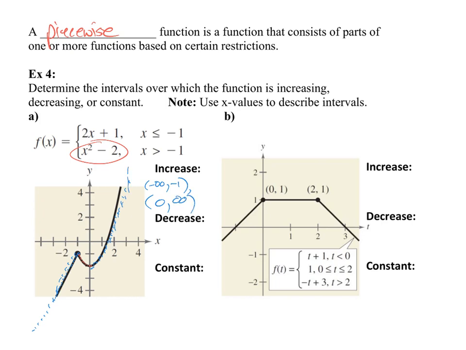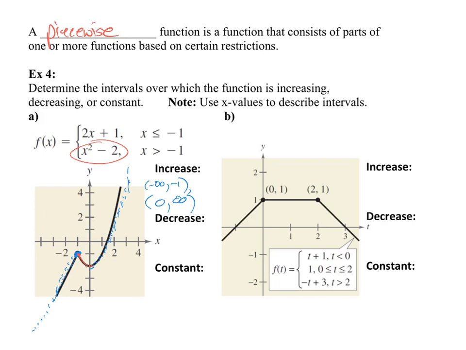Now when you talk about increasing and decreasing, you never use brackets, because you can't describe a single point as being increasing or decreasing. Only from going from one point to another is there an increase or a decrease. How about decreasing? Going back here, at this point it begins to decrease, and then it stops.